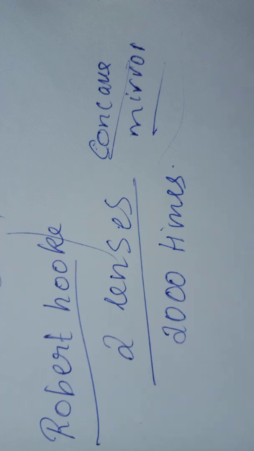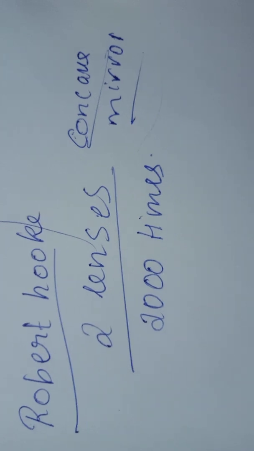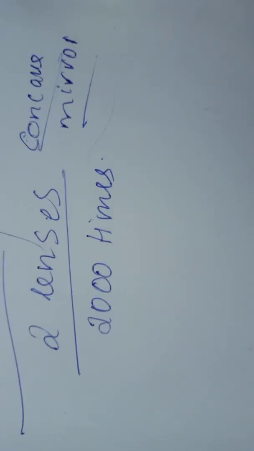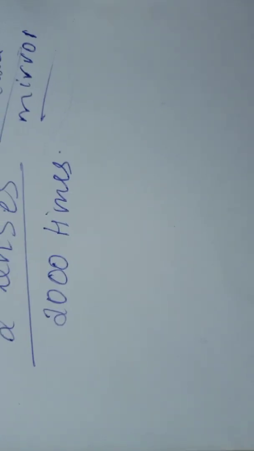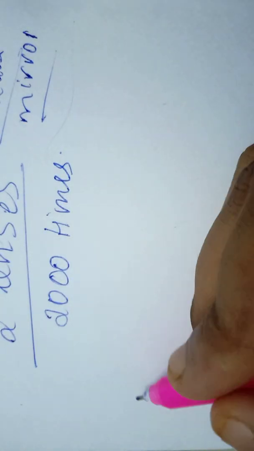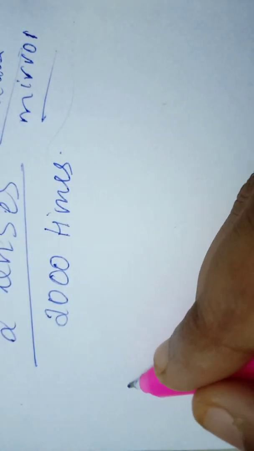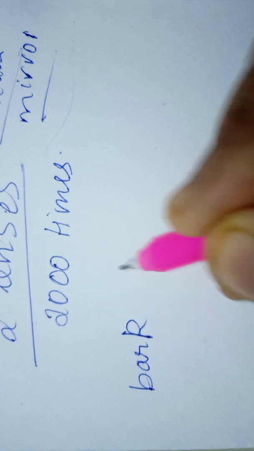Now what Robert Hooke did is, he discovered the cell using his microscope. He took a bark, a slice of cork, or bark of a tree.